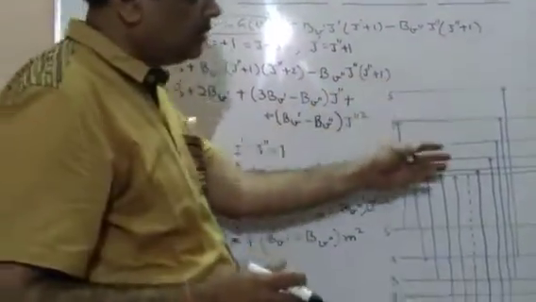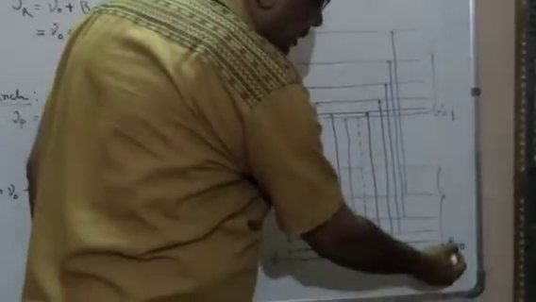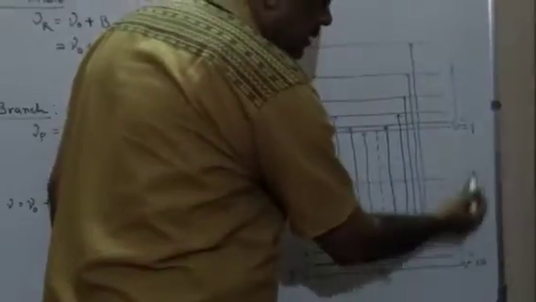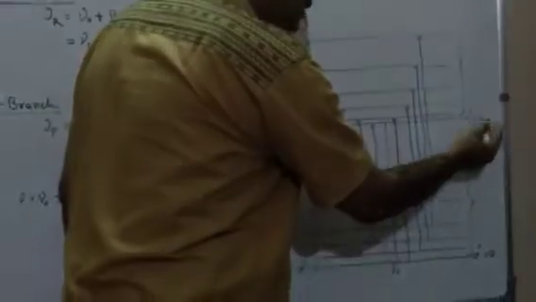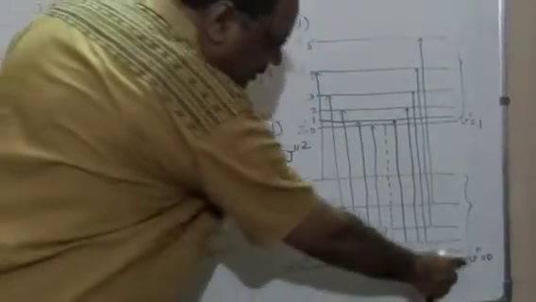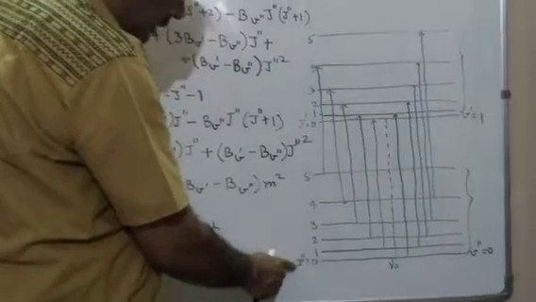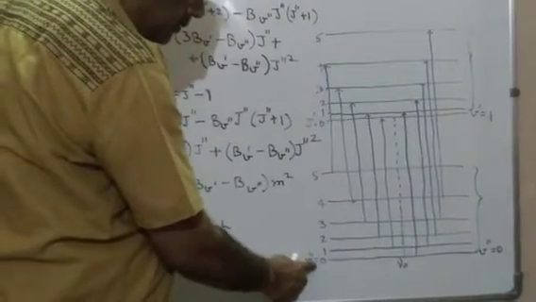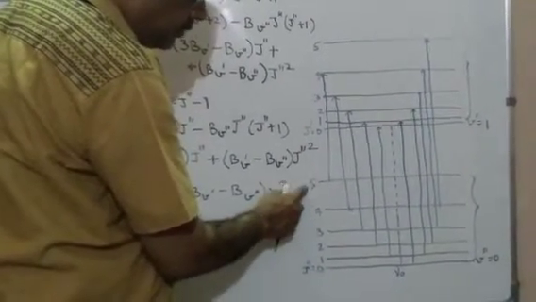Here I am showing that this is V double prime, the lower vibrational level, and V prime equal to 1, the upper vibrational level, and these are the rotational levels. Here I have written J double prime equal to 0, 1, 2, 3, 4, 5.